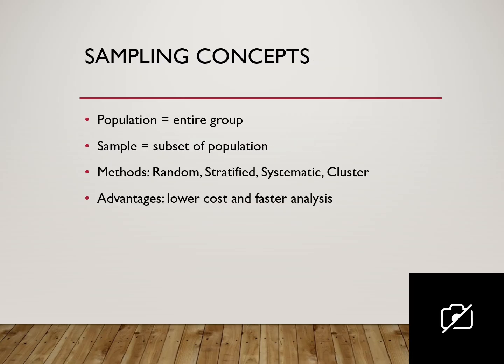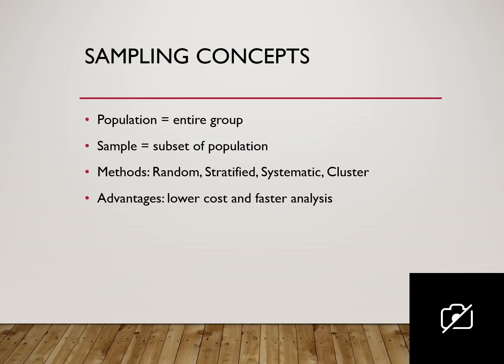Now let us move to the sampling concept. Population refers to the entire group that we want to study. For example, all students in a university, all customers of a bank, all customers of a department store, etc. A sample is a smaller subset selected from that population. Since studying the entire population may be costly and time consuming, we often use samples.